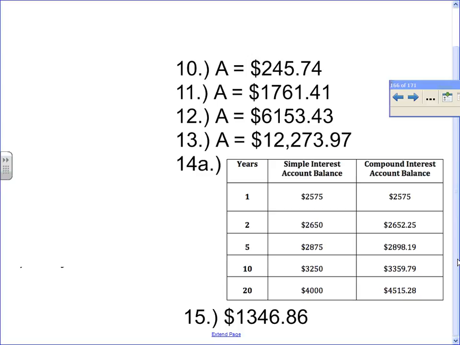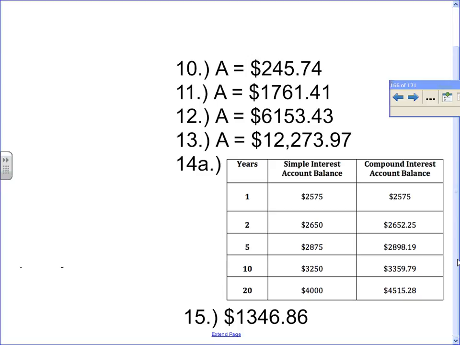14A, I filled in the chart, so I will read the answers first for simple interest balance. Okay, going down. $2,575 for number 1. Number 2, $2,650. Number 5, $2,875. 10, $3,250. 20, $4,000.